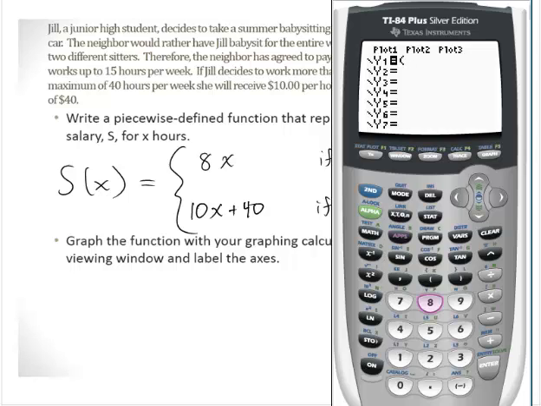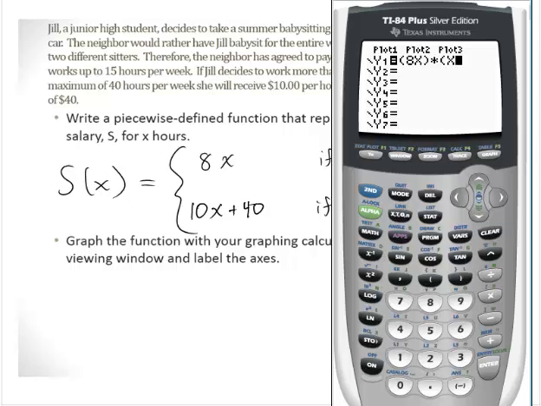First, in parentheses, I'm going to put the first function, 8x. I'm going to multiply it by a conditional statement. All right, so I put some parentheses. Now, the conditional statement was x was greater than 0 and less than 15.